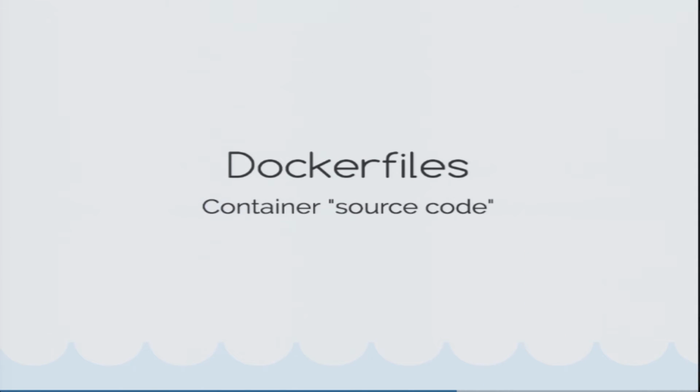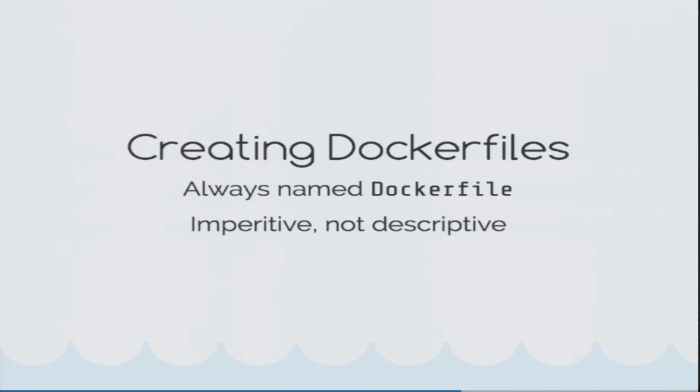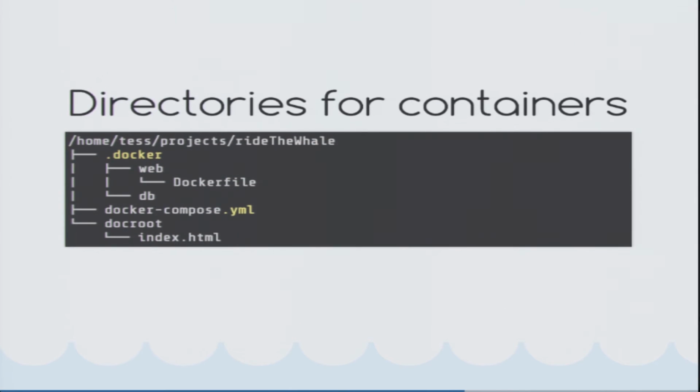Earlier I talked about container source code and what is uploaded to Docker Hub. That's called a Dockerfile. Dockerfiles are always named Dockerfile. And unlike the Compose file, they're imperative, not descriptive. Do this, then this, then this. So first of all, you want to create some directories for your containers. This isn't actually standard.